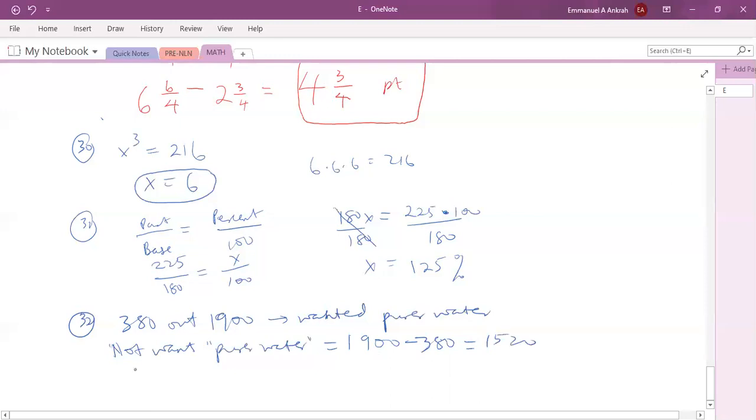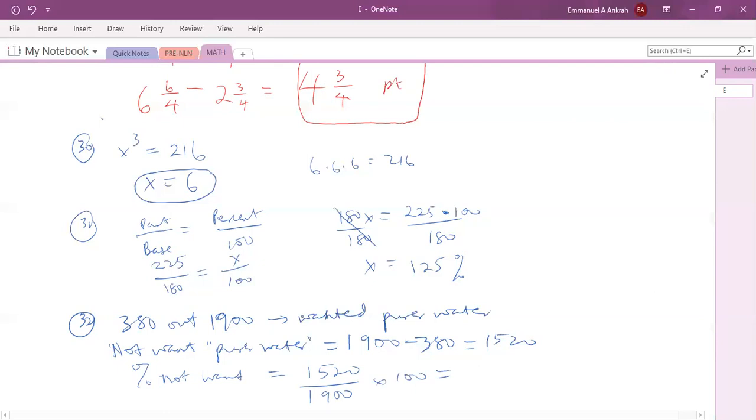So what is the percentage who did not want? You take those who don't want over the base, or the whole. The total is 1900. So 1520 out of 1900, and then multiply by 100.